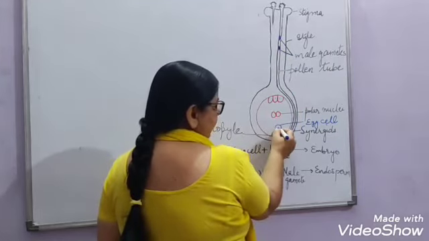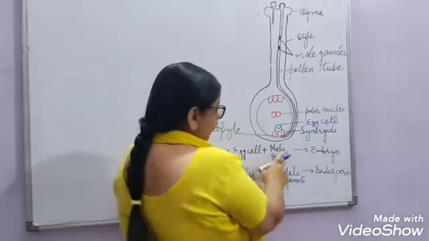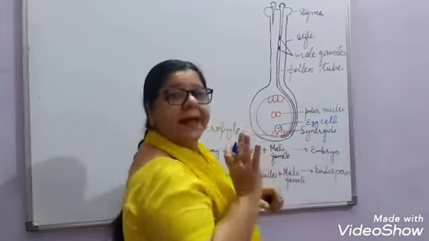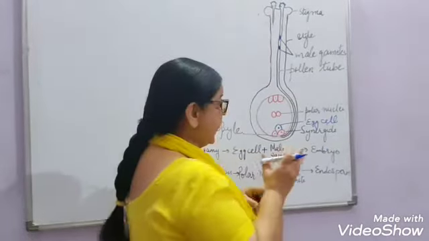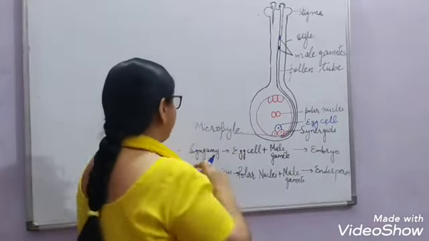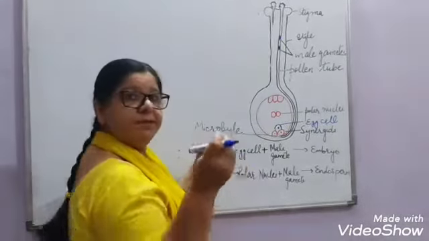It will fuse with the egg cell. So egg cell plus the male gamete will form the embryo, right? And this fusion of egg cell with male gamete is known as syngamy. Syn means 2 here, gamy means the gametes.